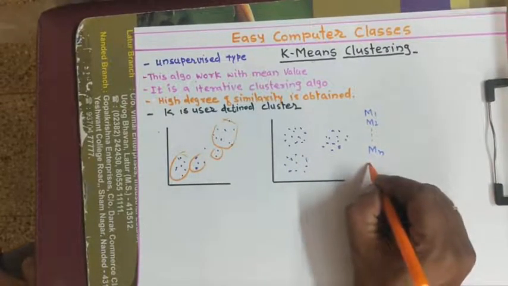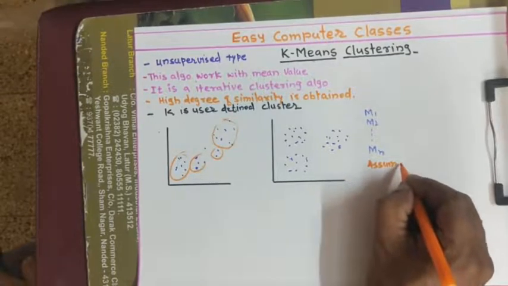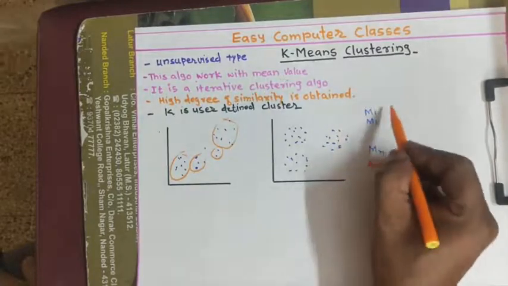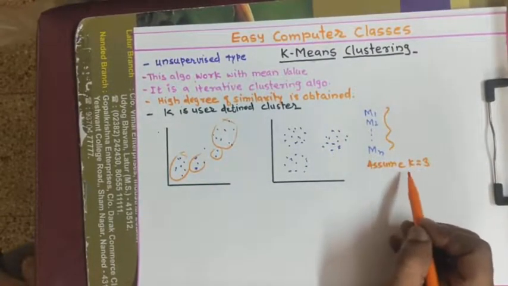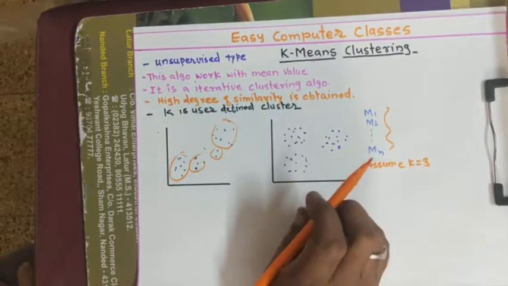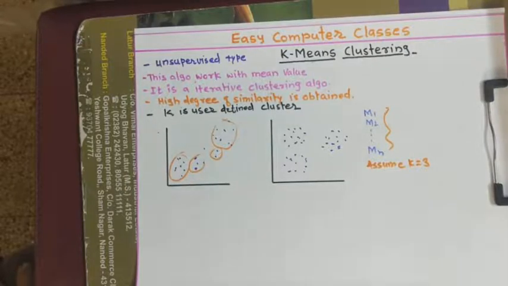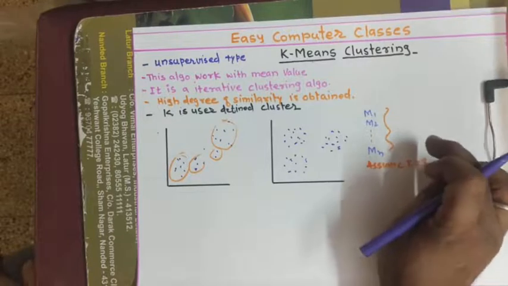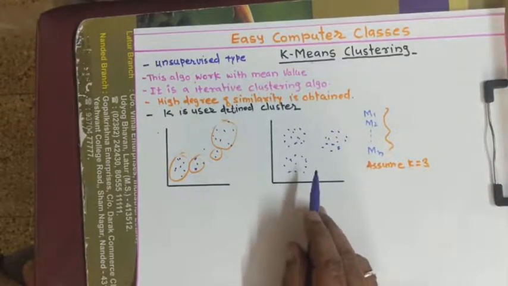That is, if we assume K equal to 3, it means 3 clusters. So these points are managed into 3 clusters like this. Now we have to check every element of the training data set and classify every element into its respective cluster.